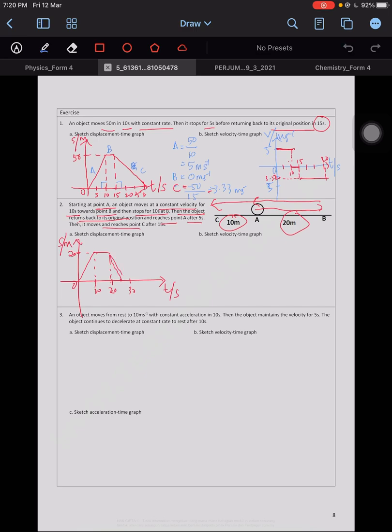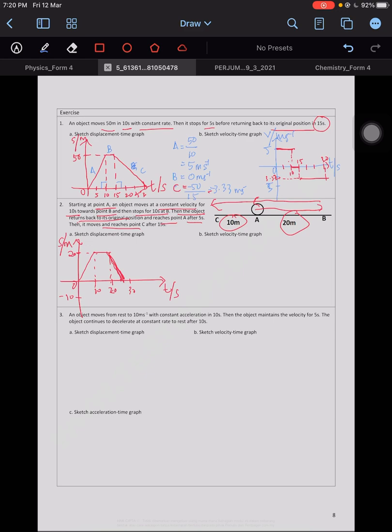Okay, 5 seconds. Sorry for the mess. And then after that it moves and reaches point C after 15 seconds. How long? 10 meters. So here would be your negative 10.